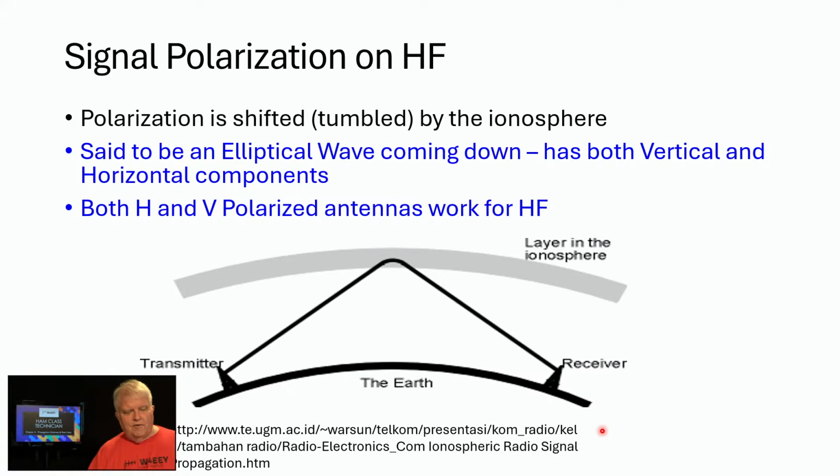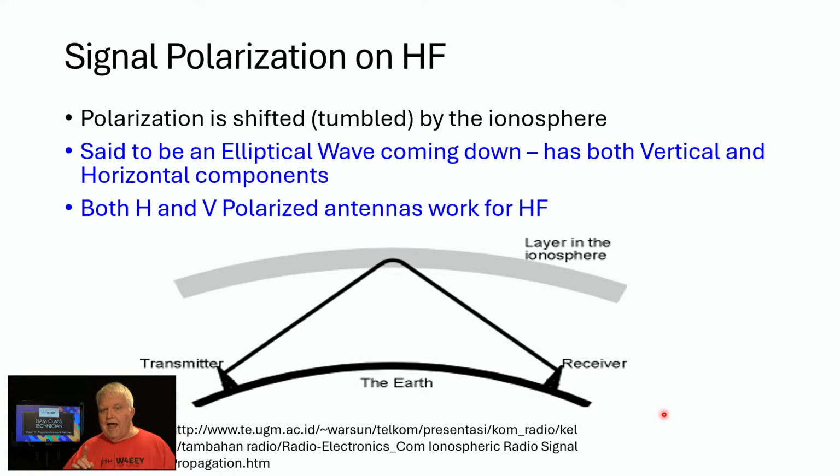With a transmitter, whether it's horizontal or vertical, when the signal goes up to the ionosphere and comes back down, it has both horizontal and vertical characteristics. It's tumbled. It's said to be an elliptical wave coming back down. So either a vertical or a horizontal antenna can typically be used at the far end with similar results.